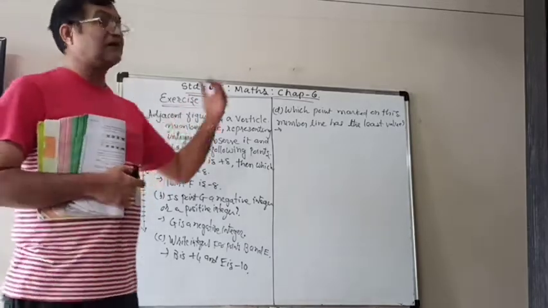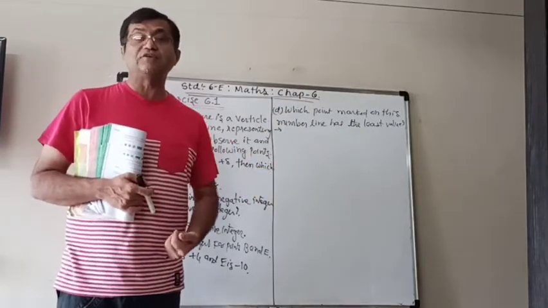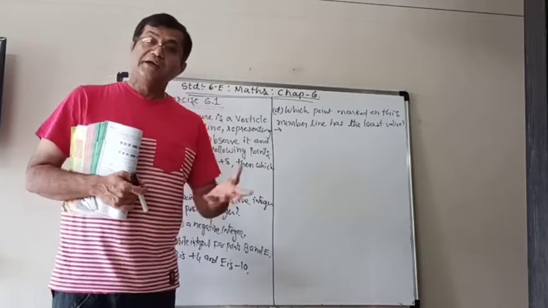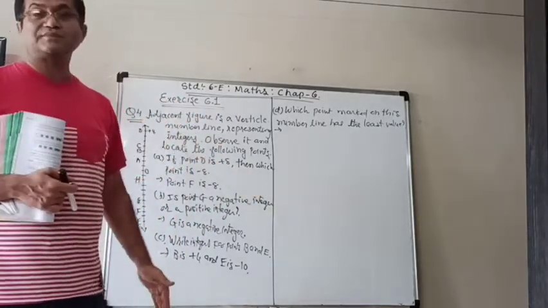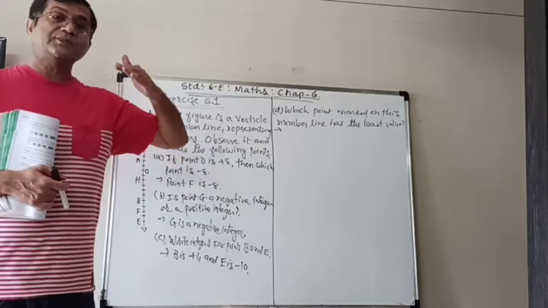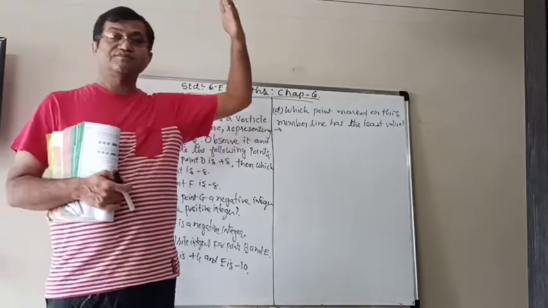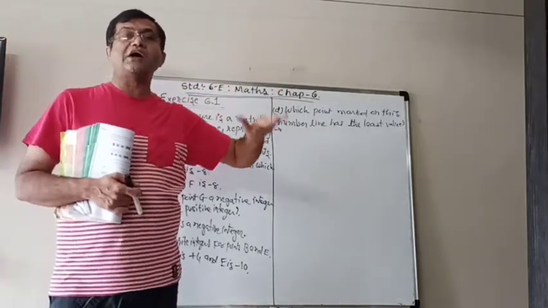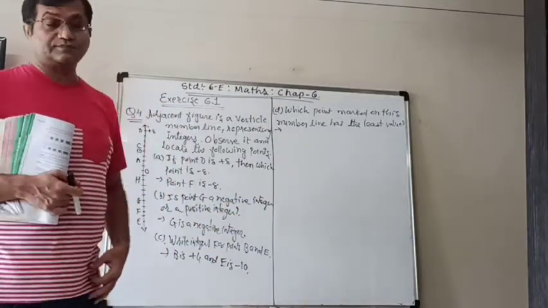And if you move to the right side, they are increasing in value. Here it is vertical, so a little different. Which is the negative side? Down. Which is the positive side? Up. So if you go up, the value is increasing. And if you go down, then the value is decreasing.